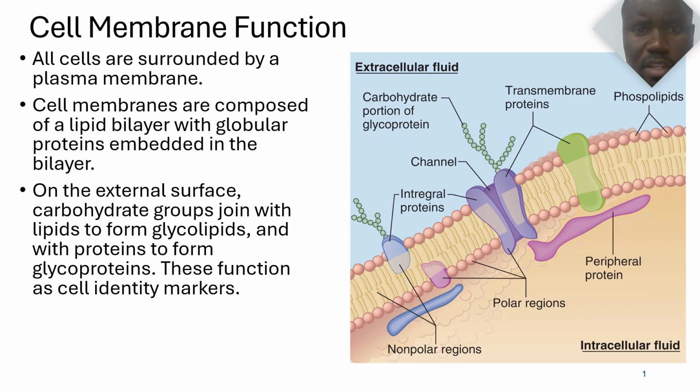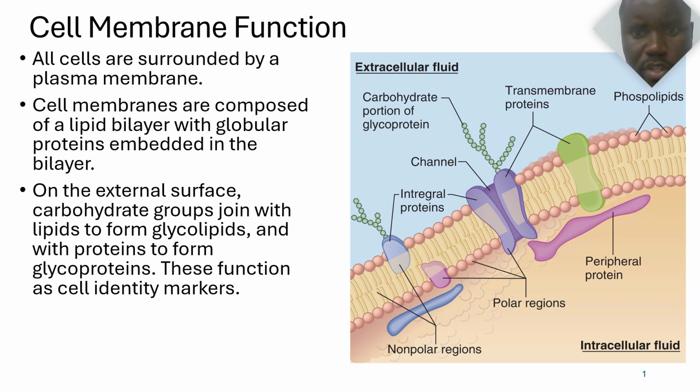So basically, this is what we are talking about in the picture. We've got the cell membrane, which is made up of molecules of phospholipids, one on the inner side of the cell, one on the outer side of the cell. The phosphate is facing the water on the outside, and on the inside towards the water intracellularly.